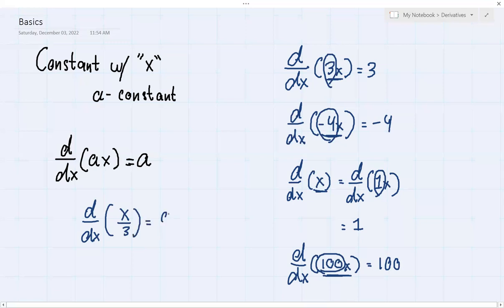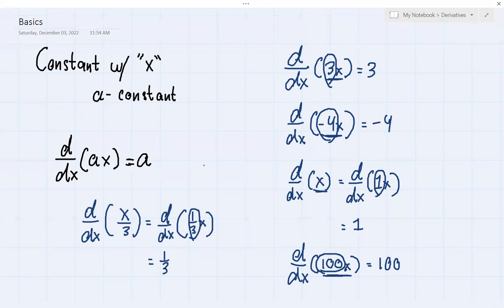This is the same as the derivative of 1/3 of x. Kumbaga parang binaba ko si x sa gilid. So anong sagot mo? Ang sagot ay yung constant na si 1/3. O di ba? Ganun lang yun. It's easy. Okay? So basically, in this rule of differentiation, ang goal mo lang rito is get the constant, yung coefficient niya mismo. That's it. Okay? It's easy. Alright?